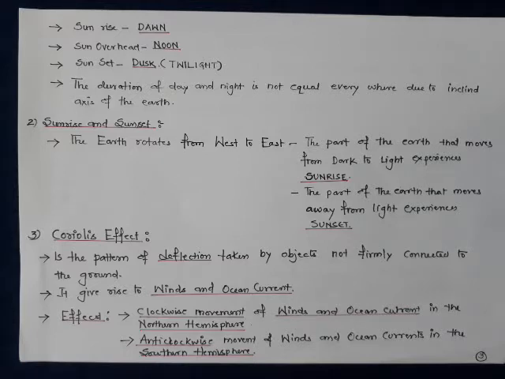So this is known as Coriolis effect. Coriolis effect gives rise to wind and ocean currents. Effects of the Coriolis force: clockwise movement of wind and ocean currents in the northern hemisphere, and anti-clockwise movement of the wind and ocean current in the southern hemisphere.